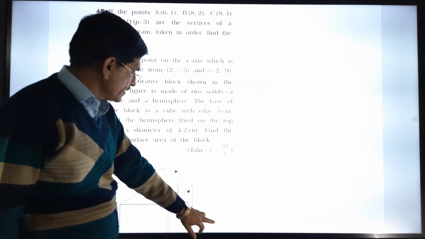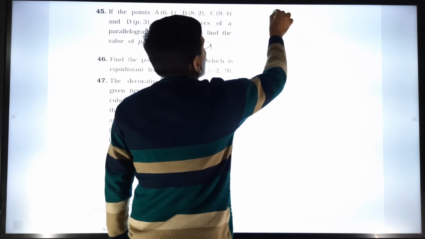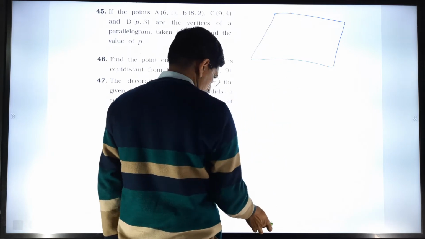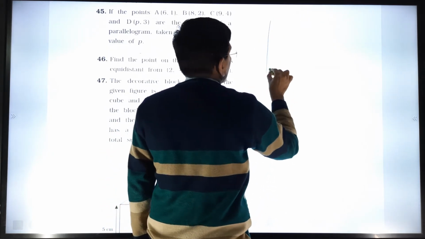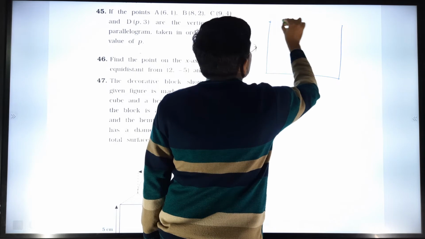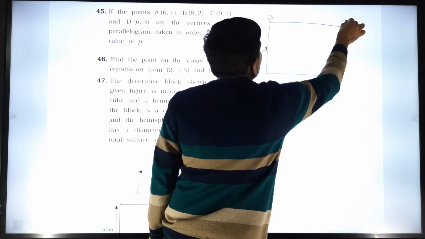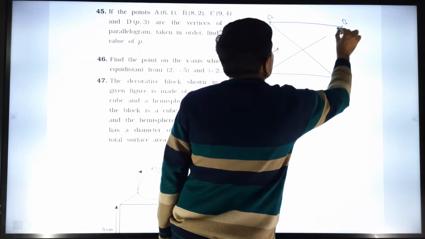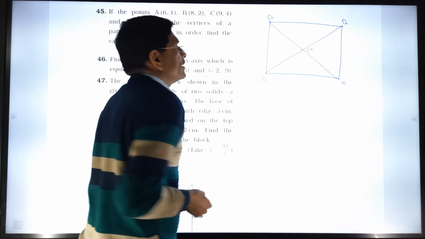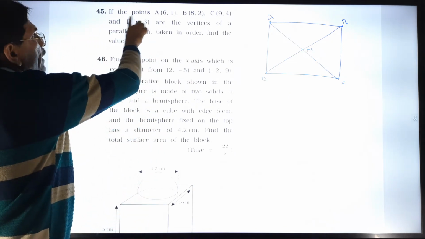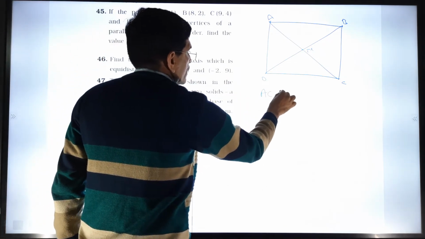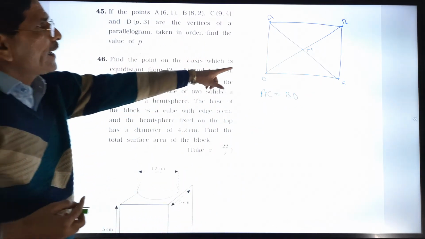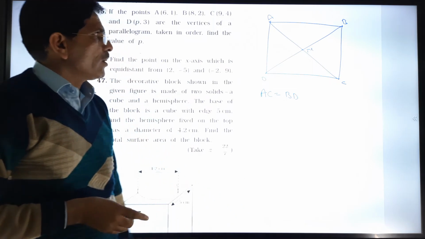When a parallelogram is there, we have to draw one parallelogram ABCD. The diagonals intersect at the point M. Now AC is equal to BD in a parallelogram, so M is the midpoint of AC and of BD.